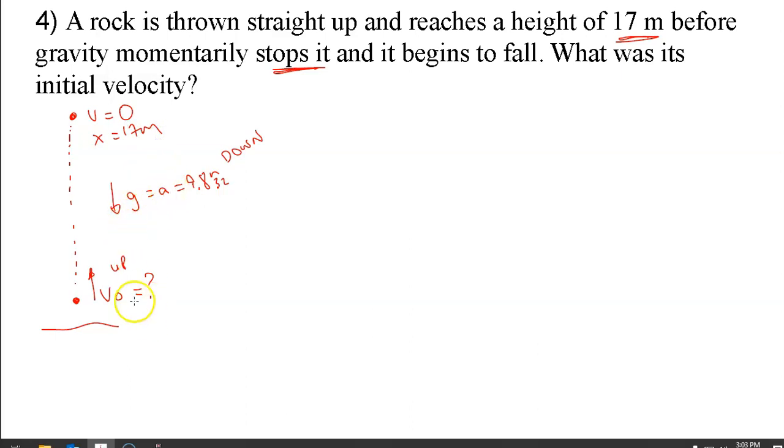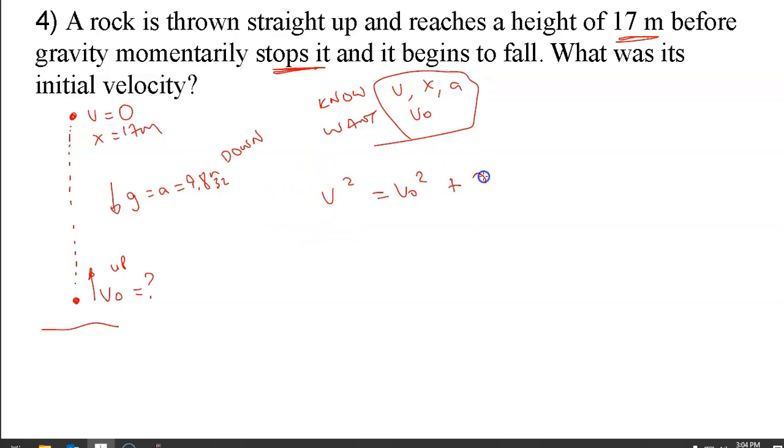And those are the 4 variables at play in this problem. I know the final velocity, the displacement, and the acceleration, and I want v0. I need something that has this. Well, that's the same formula we just did a minute ago. V squared equals v0 squared plus 2ax. It's the same problem.